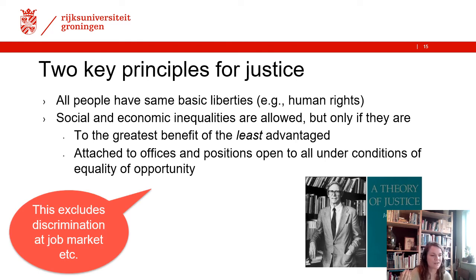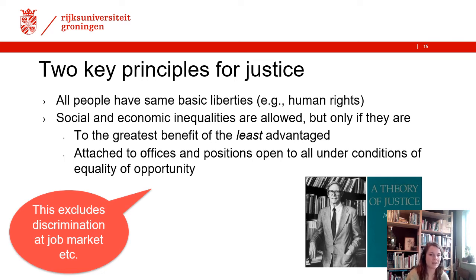And this results in two key principles, and this is actually the main takeaway of John Rawls' theory of justice, and this is also what you will have to remember of this lecture: if we want to decide upon a just distribution of resources, we would come up with two principles.